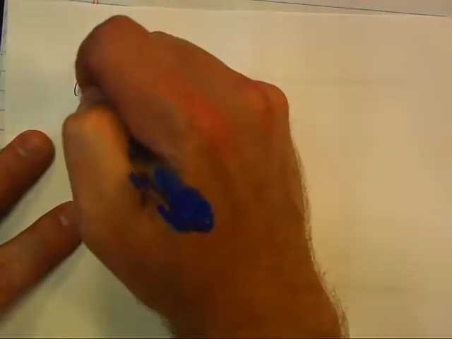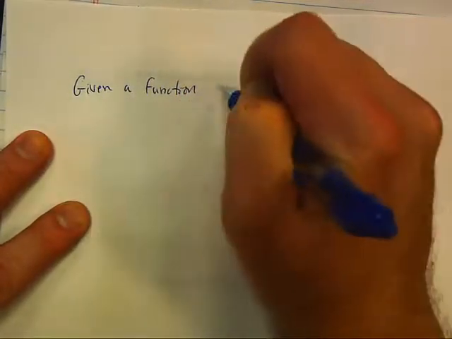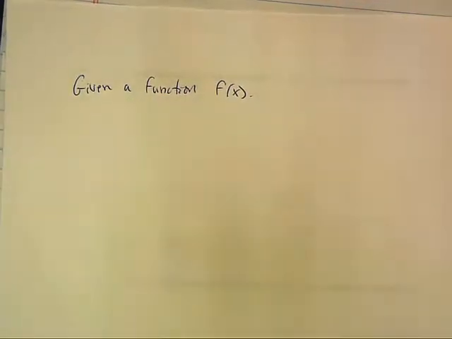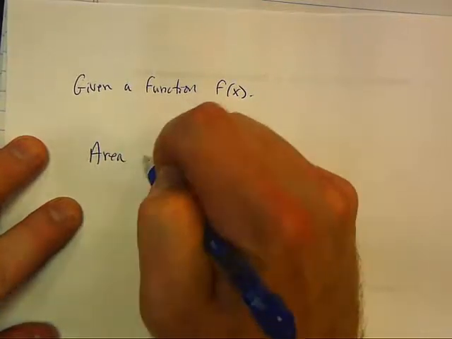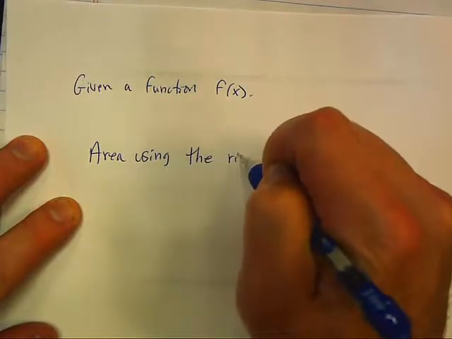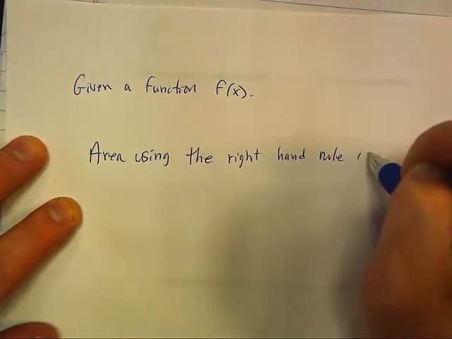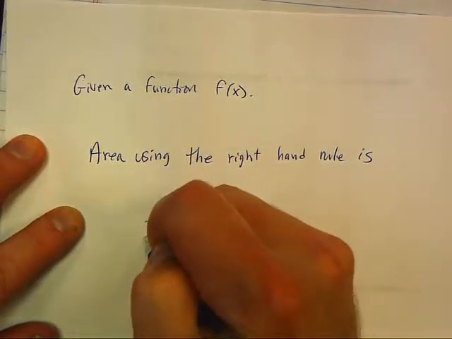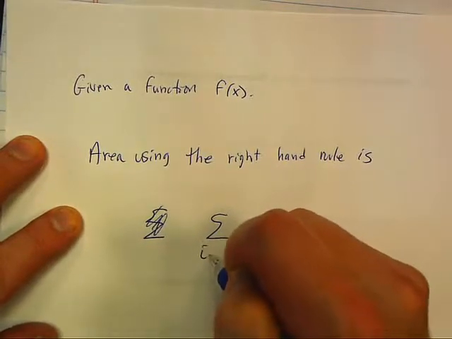Excellent. So, given a function f of x, you just figured out the formula for how to approximate the area using the right-hand rule. It is the sum, oh boy, that's an ugly looking summation symbol, the sum i equals 1 to n.